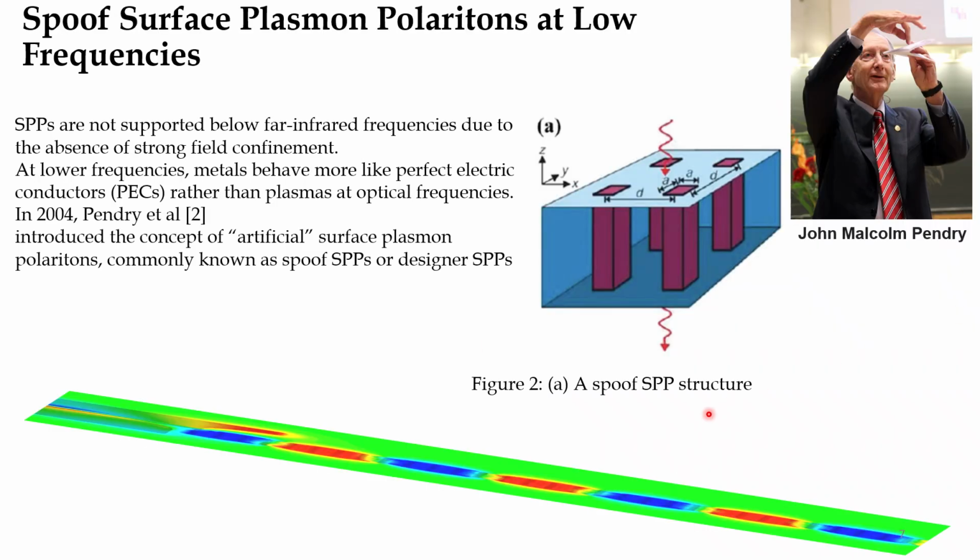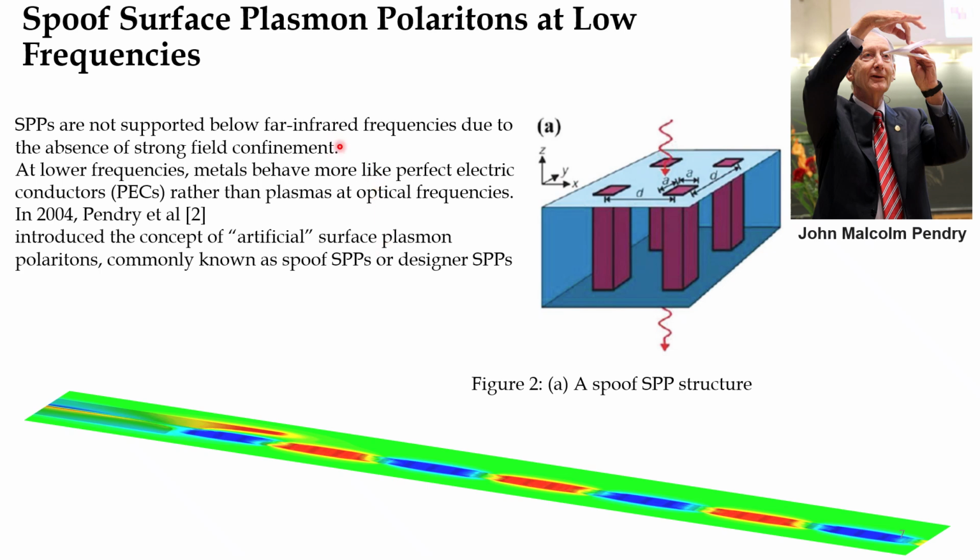So coming to spoof surface plasmon polaritons at low frequencies. Spoof surface plasmon polaritons were initially introduced by John Pendry. Because of the limitations of surface plasmon polaritons, SSPPs, we can make it short, which do not support frequencies below the far infrared due to the absence of strong field confinement.